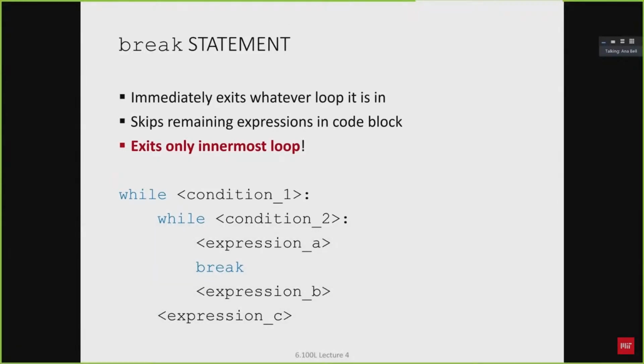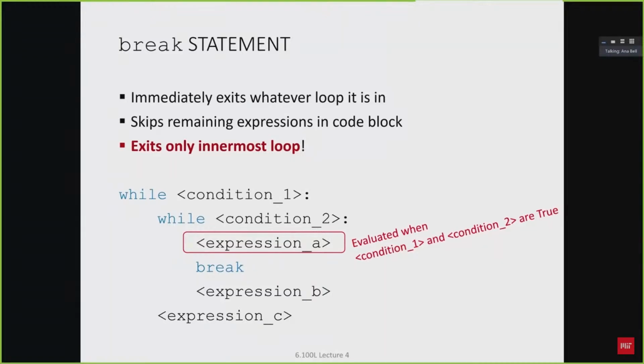So here's a little example of two nested while loops. So one while loop and then one nested one inside it. The outer one is going to run whenever condition 1 holds. And the inner one runs whenever condition 2 holds, okay? Now, expression A will evaluate when both condition 1 and condition 2 hold, right?